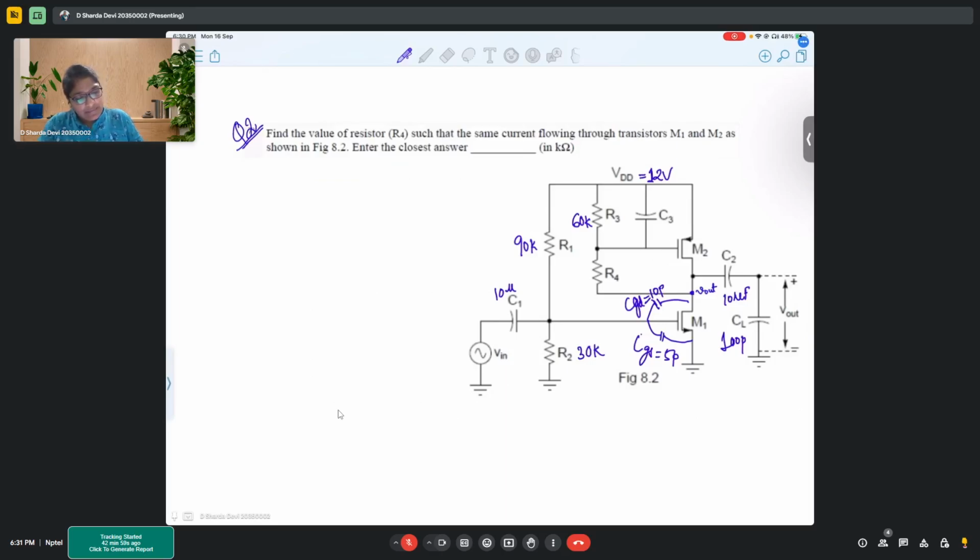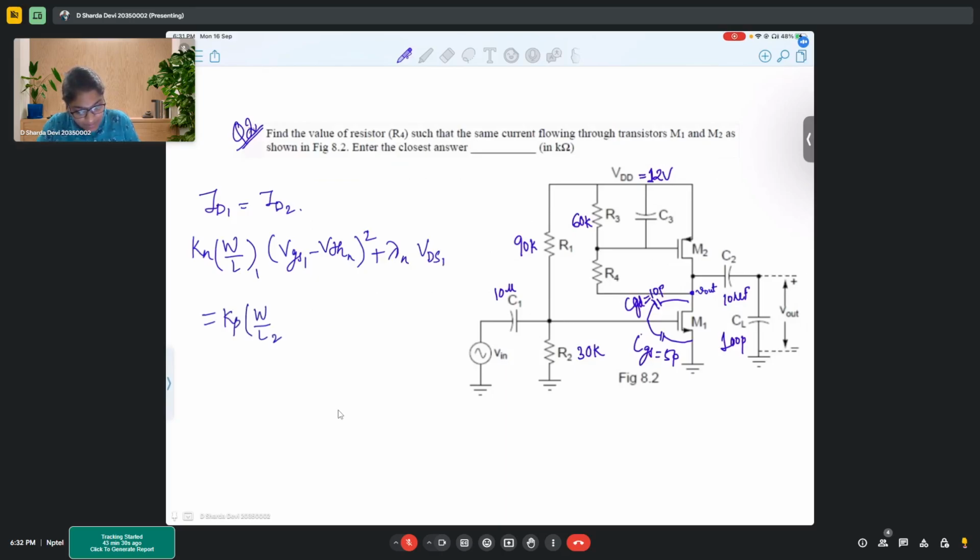Now here, let's say I know that ID1 equals ID2, and from there, K_n W by L1 (VGS1 minus VTHN) whole square plus lambda n VDS1 equals K_p W by L2 (VSG2 minus VTHP) whole square.